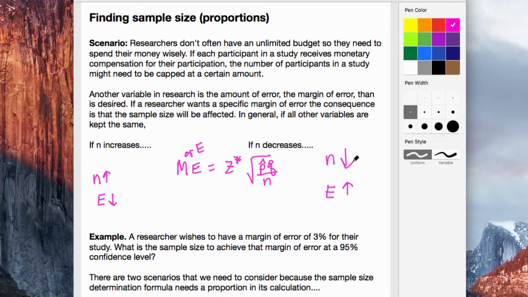We have this inverse relationship because error and n are on opposite sides of the fraction bar. Notice that z and p hat and q hat are all in the numerator. So if any one of those goes up, then margin of error will also go up. But n's in the denominator, so it has an inverse effect.